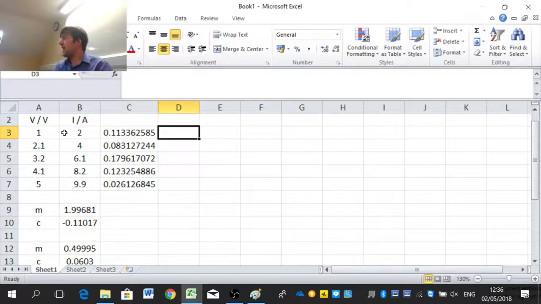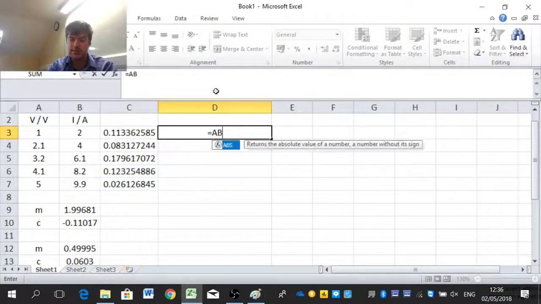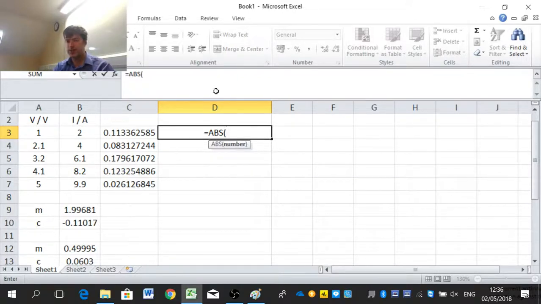If we're feeling lazy, no, let's not. Let's be safe. Let's type in the formula. Okay, let's do this one together. So, equals ABS. What do I have first? Dollar B dollar 12. Very good.